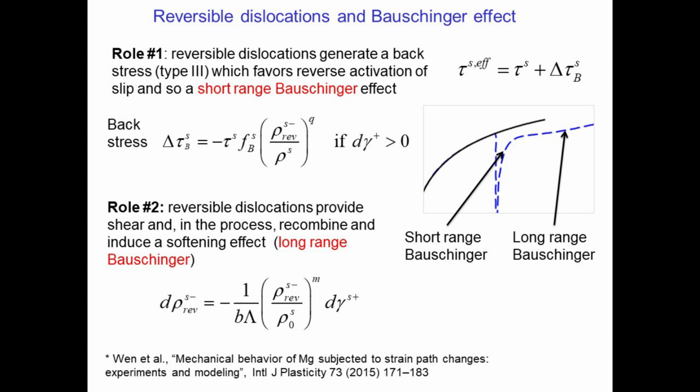So this delta tau has to do with the number of reversible dislocations, and is what will give you this Bauschinger effect. As you can see, it has a minus sign there.